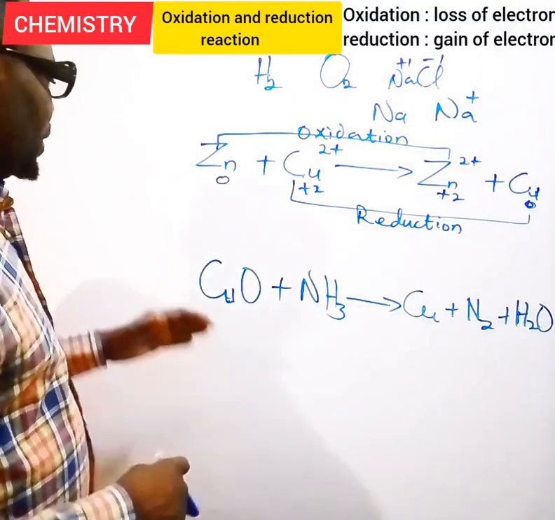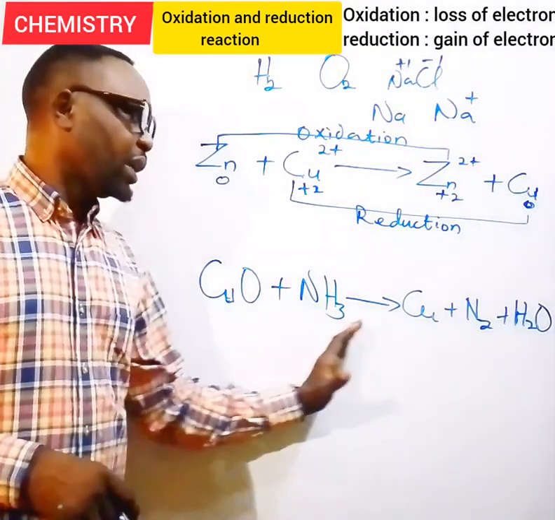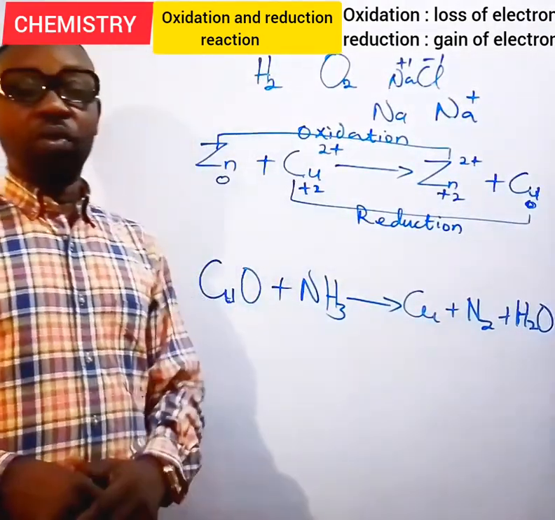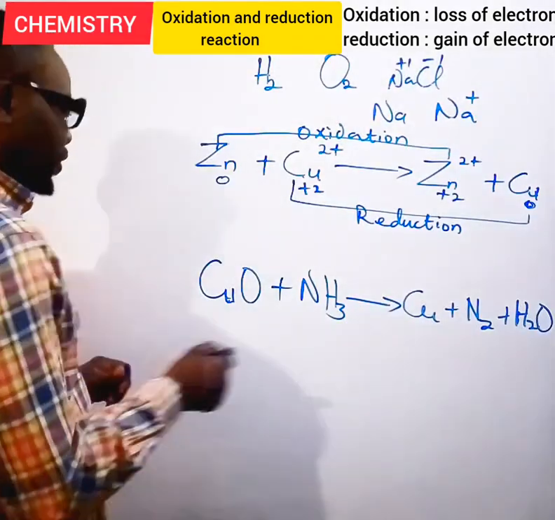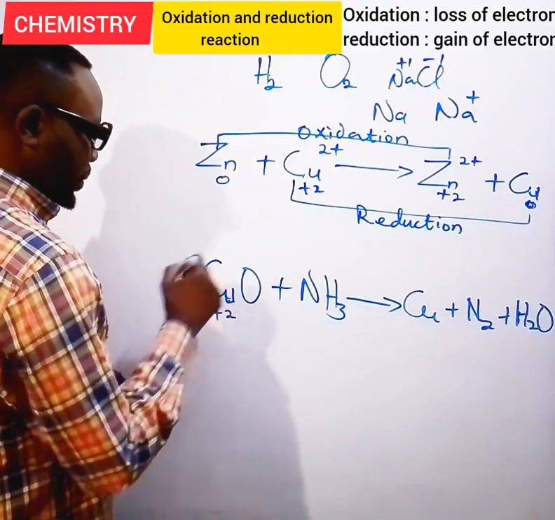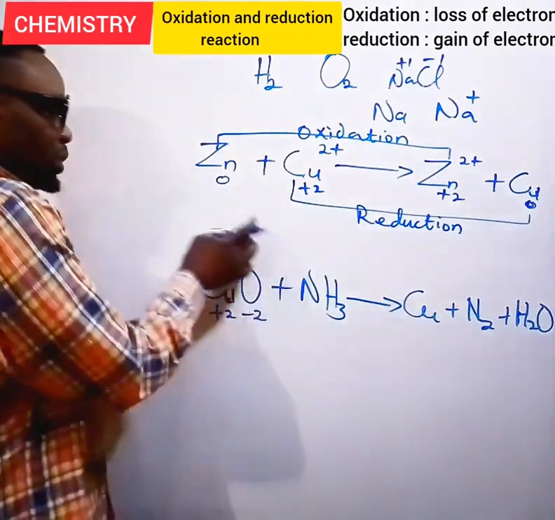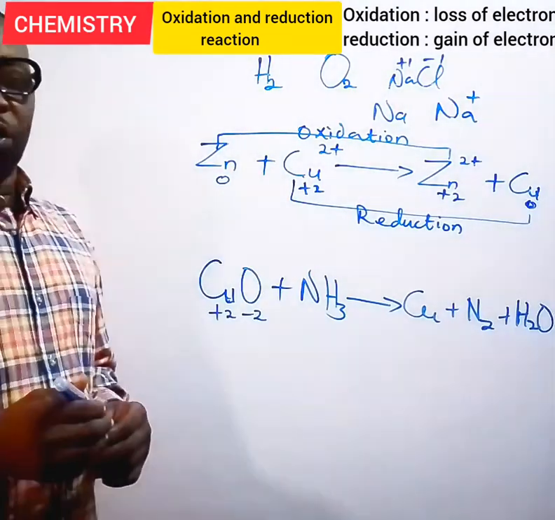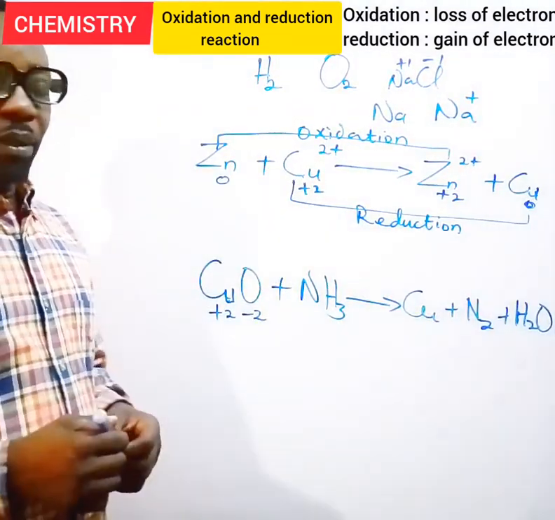Now, we are going to look at the oxidation number of what we have at the reactant here, and also use it to consider what we have at the product side. Now, from here, the oxidation number of copper here is +2. Oxidation number of oxygen here is -2. That is why they can form a compound, because when they are able to combine together, they'll be able to form a compound.